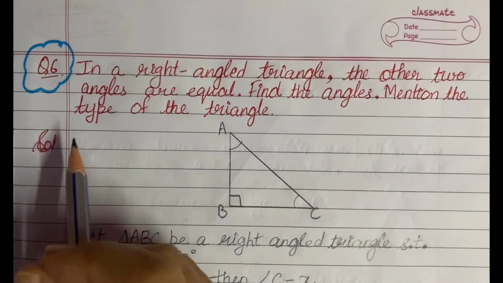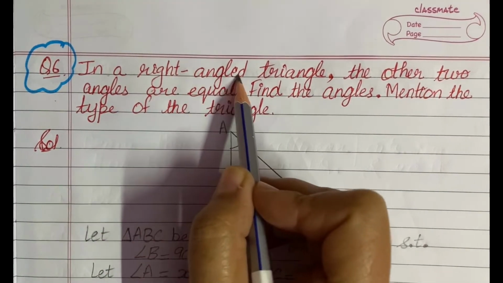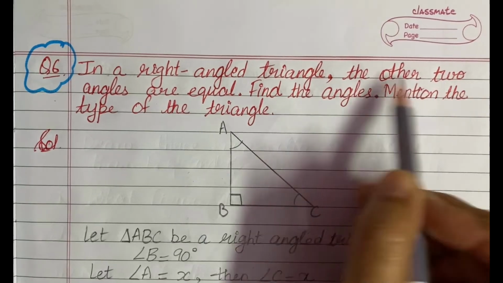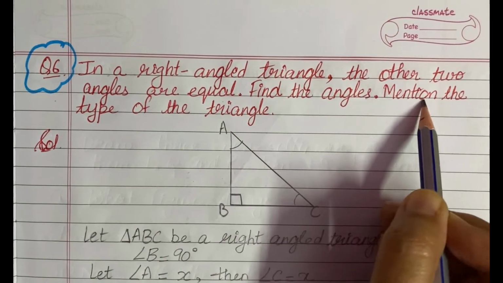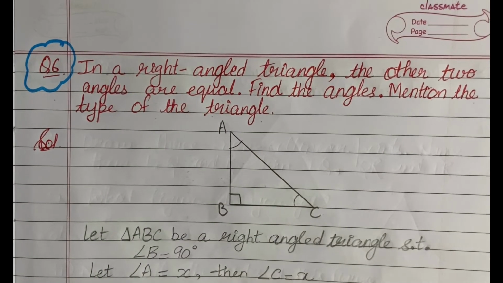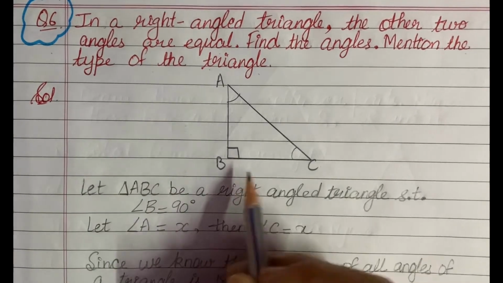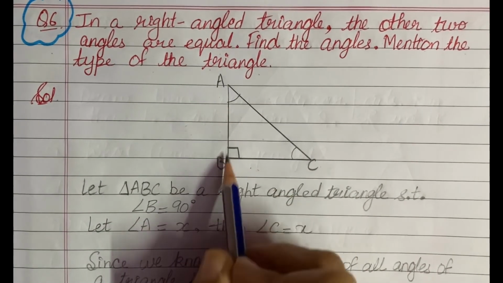Next is question number 6, and question number 6 says that in a right angle triangle the other two angles are equal. Find the angles, mention the type of the triangle. So students, first of all we will draw a right angle triangle and name it ABC.